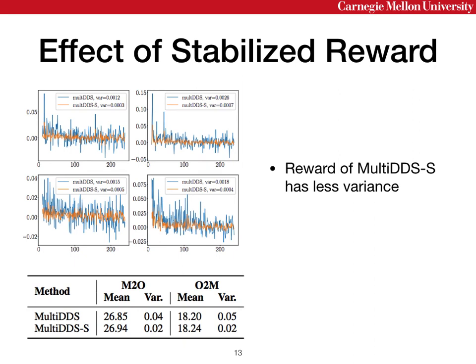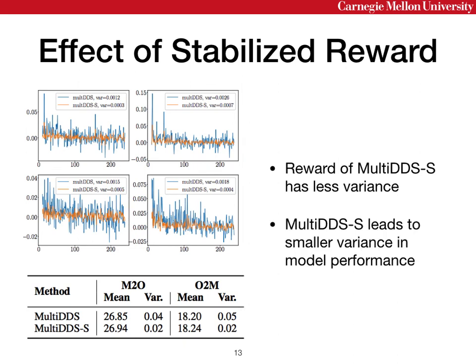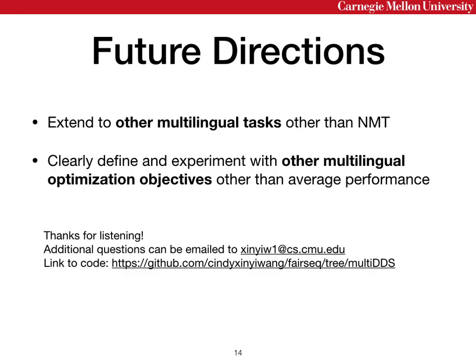We also run both versions of the algorithm over multiple random seeds and compare the mean and variance of the algorithms. And we can see that MultiDDS using the stabilized reward can actually lead to smaller variance in model performance.